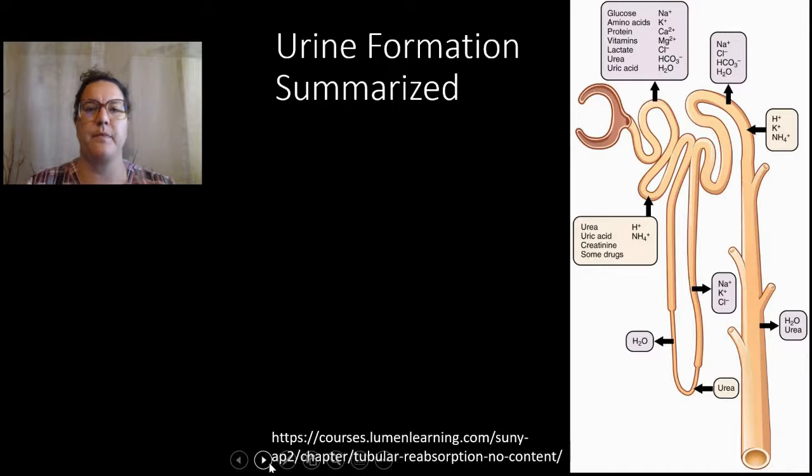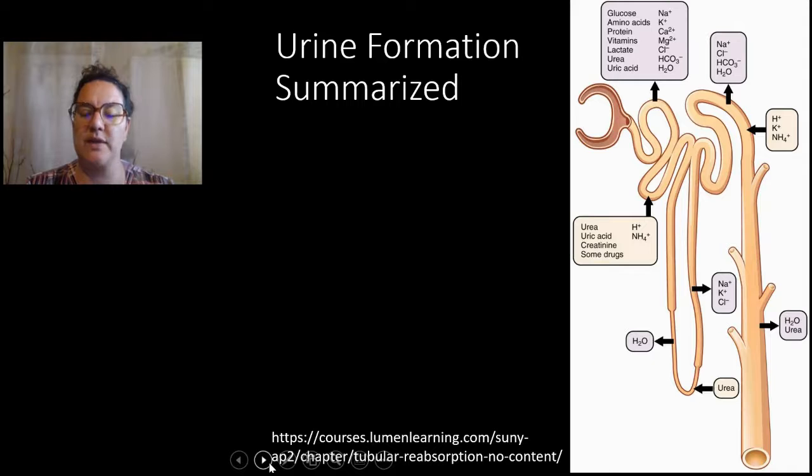So in Bowman's capsule, we have a secretion of fluid from the blood. In the proximal tubule, we have active reabsorption of positive ions and passive reabsorption of negative ions, as well as water. In the descending loop of Henle, water is passively reabsorbed because of an increasingly salty environment.